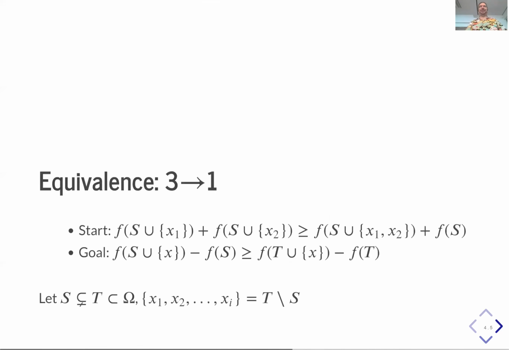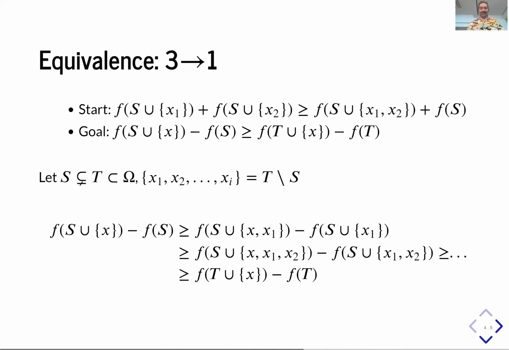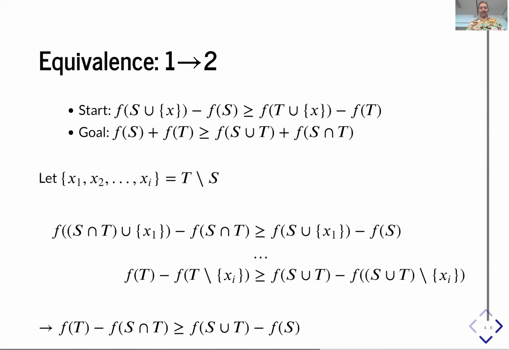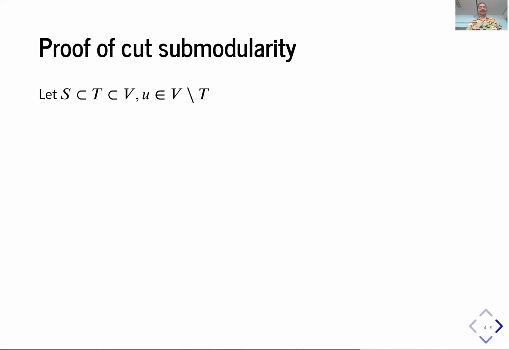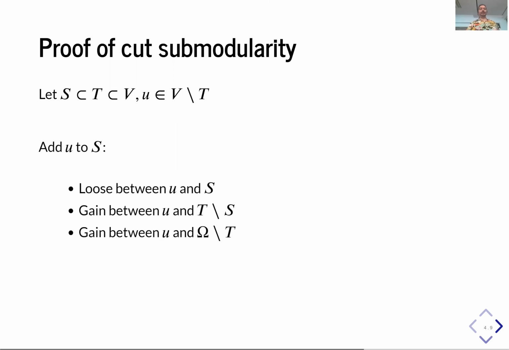Okay, the goal was just to make you sweat a little bit, to show you that it's actually obvious when you know the answer. So you've got a subset of nodes, S, included in another subset of nodes, and another node U that is external to that.